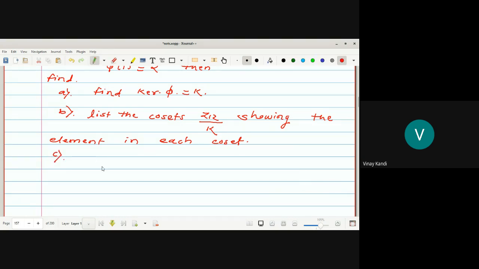And third one: give the correspondence between Z12 upon kernel of phi.